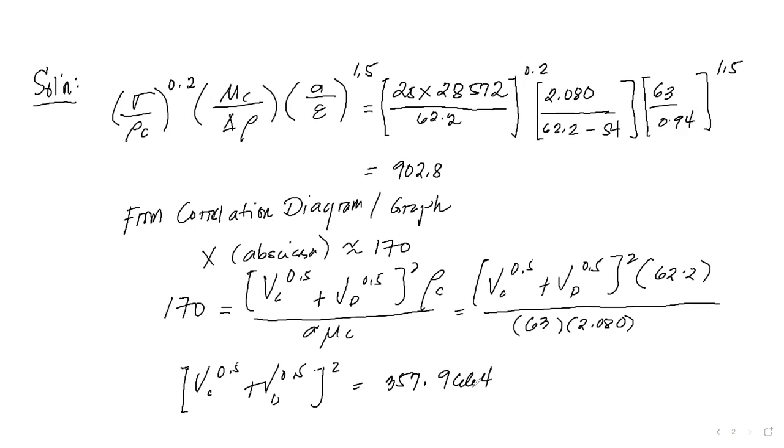So 358.15. And 70 times 2.080 times 63 divided by 62.2. Okay, 358.